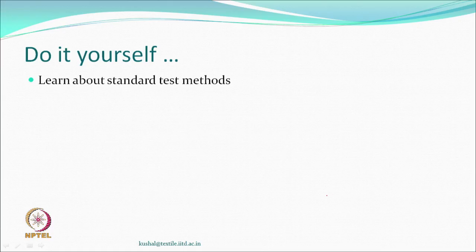I will encourage you that you go and look at the standards, whether they are ASTM standards or ISO standards or your own BIS standards. They are available. You can read them, keep them in your notes, and learn as much as you can, so that there is some semblance of the reality of what happens.